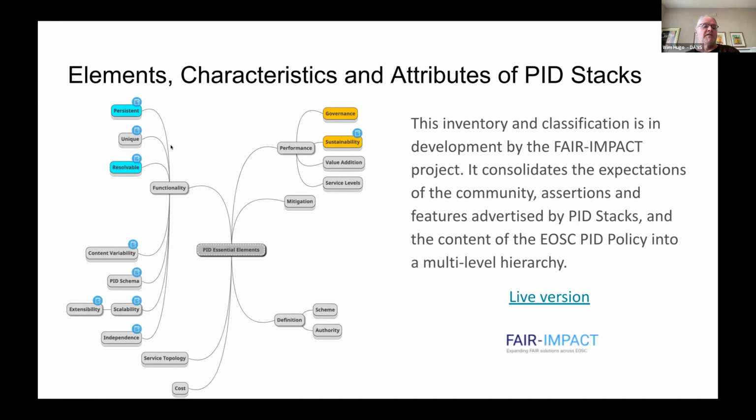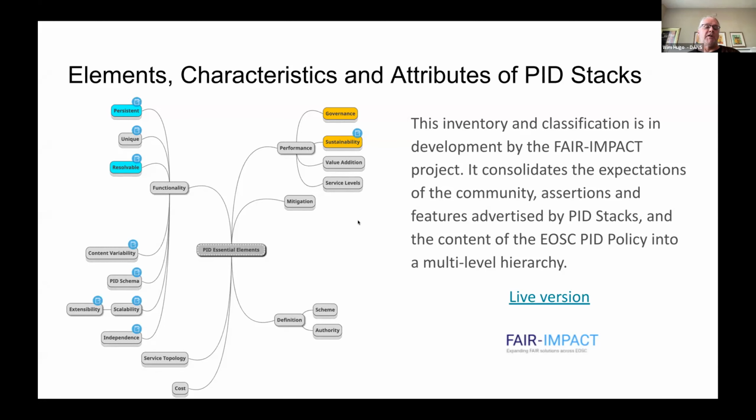And the functionality, again, the usual suspects are in there, such as persistence and resolvability and uniqueness, but there are also quite a few others. And then I've just also expanded performance to the next level to indicate that it deals with things like governance and sustainability and what kind of value addition one could get from those services and what kind of availability and service levels one, amongst other things, expects from them.